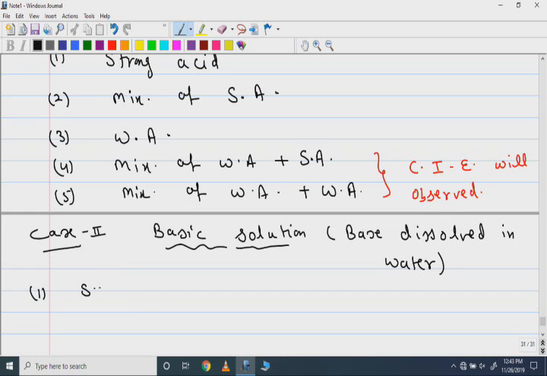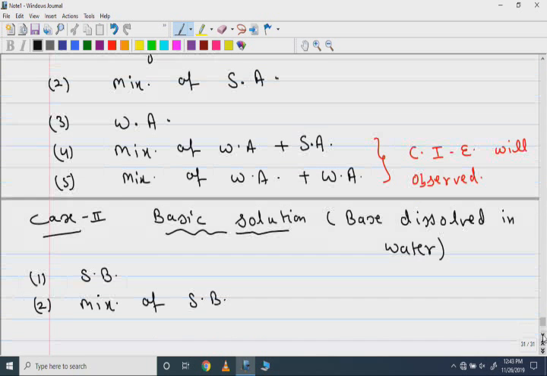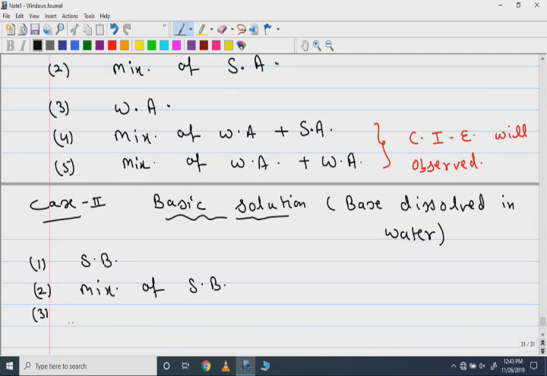First case is strong base, mixture of strong bases, weak base, mixture of weak base and strong base.